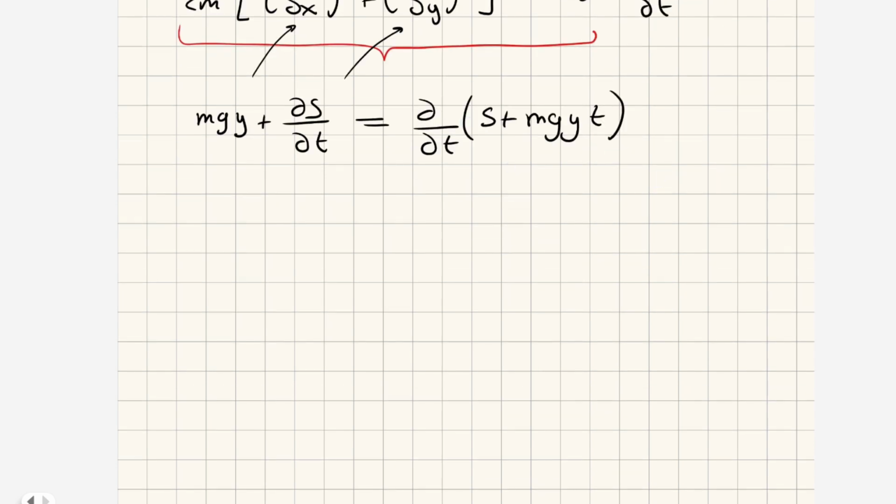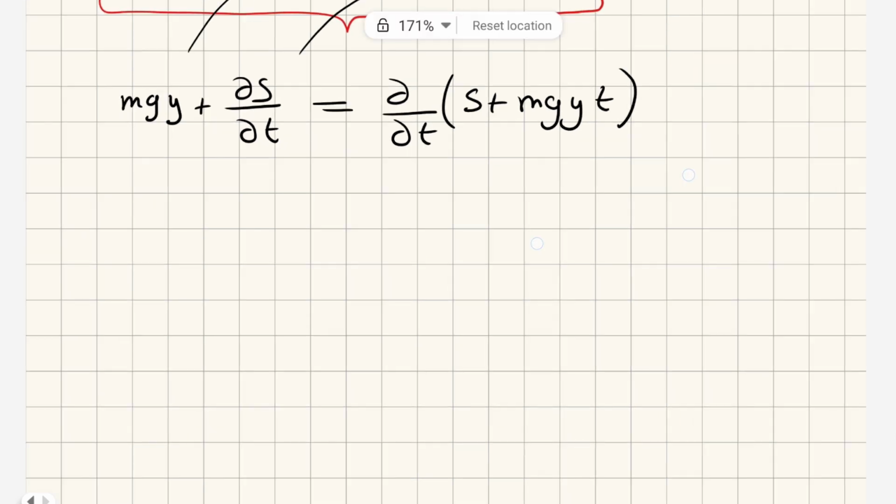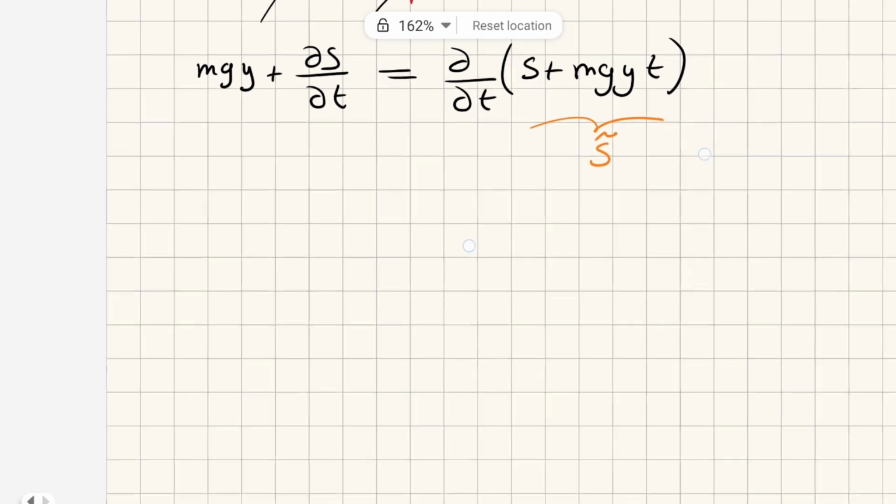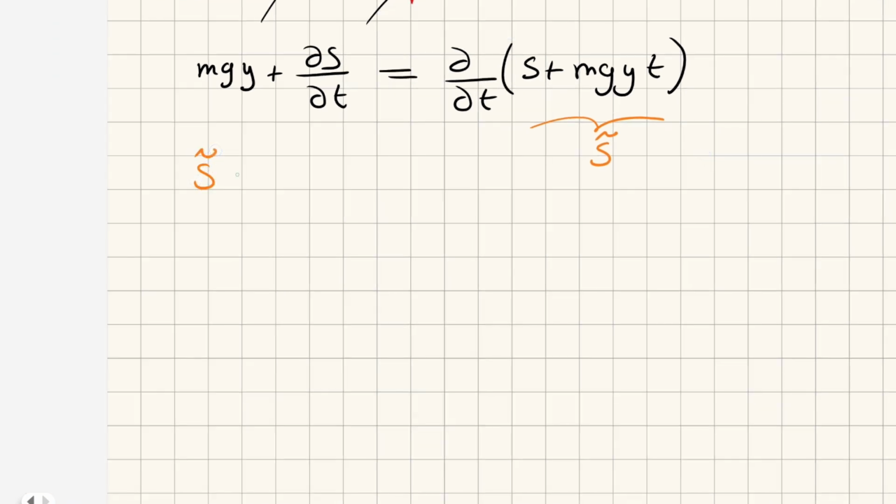So we have also been working with this kind of change of variables where, in other examples, we name these quantities that we introduce with the letter s tilde, right?